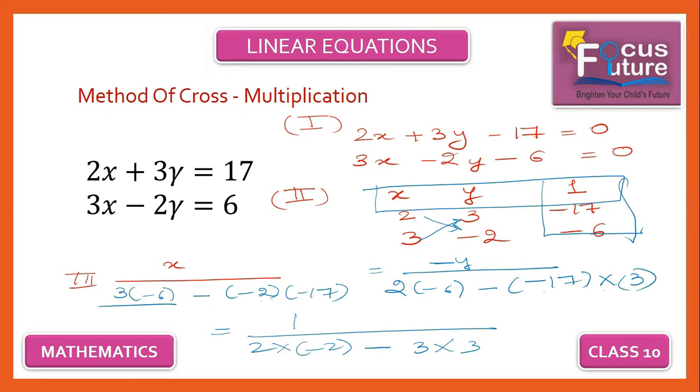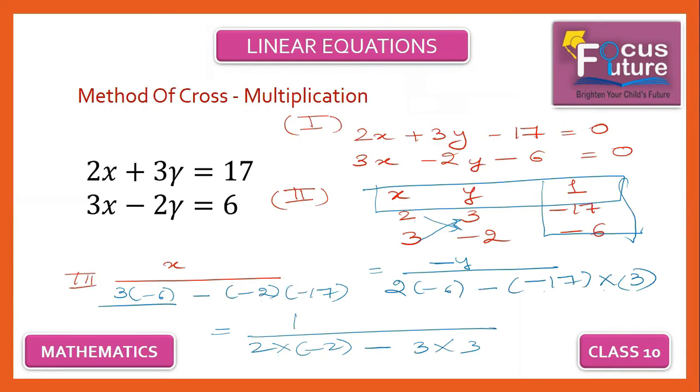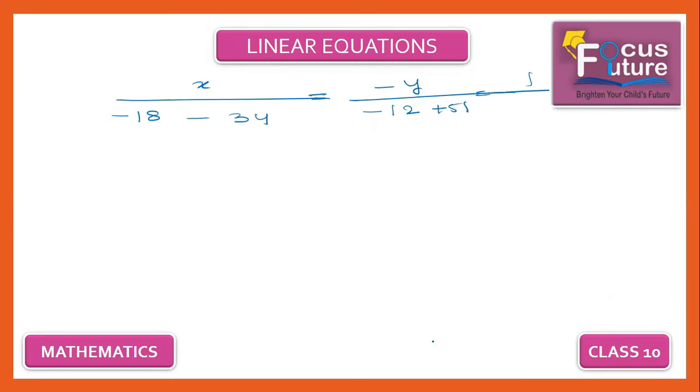Equal to 1 divided by what? So 1 divided by 2 2s are 4 minus 4 and 3 3s are 9. Minus 4 minus 9. Now let us further solve this. X divided by minus 18 minus 34.